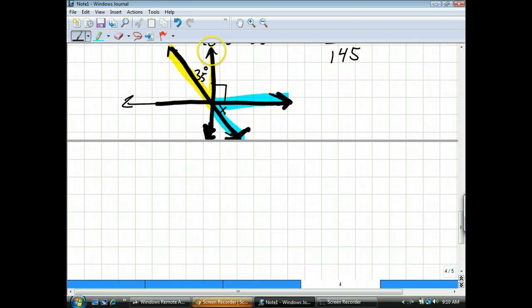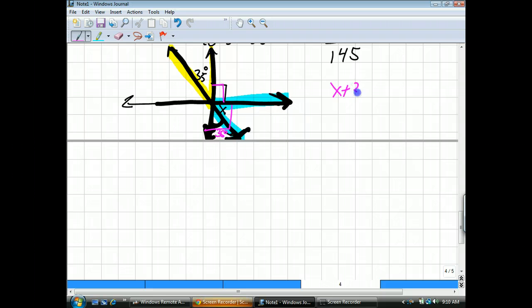Now notice when I've extended this line, now this angle is a vertical angle to that one. So now I know that that angle has to be 35 degrees. And I know that this is a 90-degree angle, so this one has to be 90. So x plus 35 are complementary.